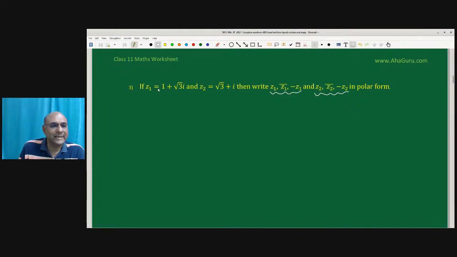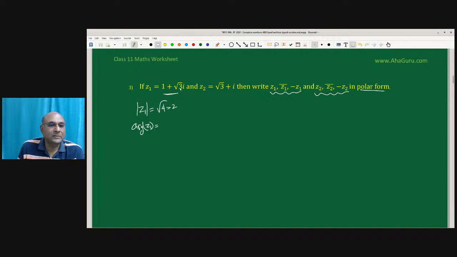So if you look at this one, Z1. Whenever you want to write all this, Z1 conjugate, etc., in polar form, the best way is to write Z itself in polar form. What is the modulus of Z? Root of 1 plus 3, so root of 4, which is 2. And what is the argument of Z?